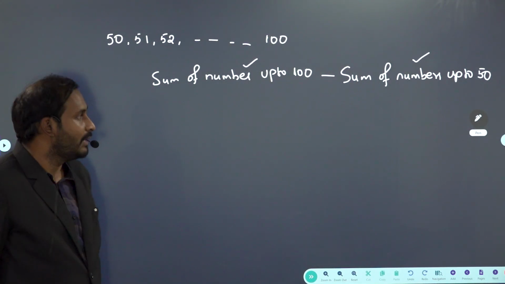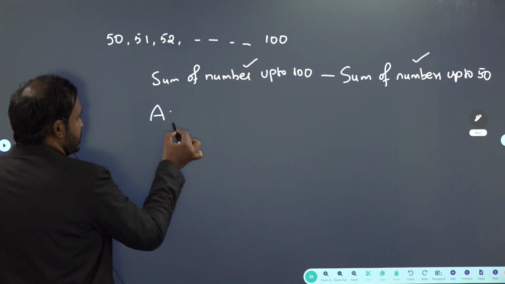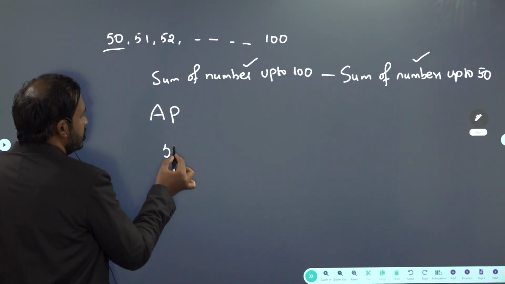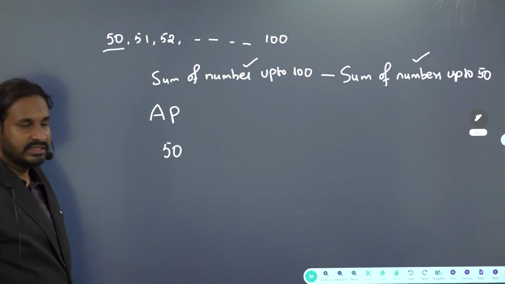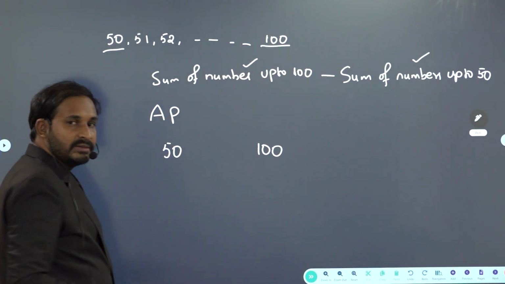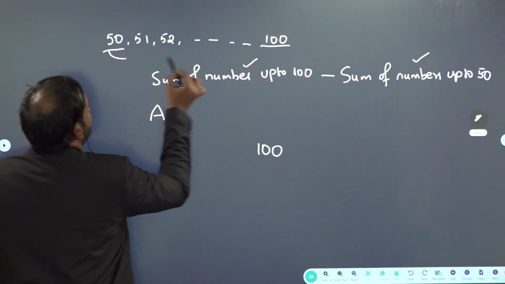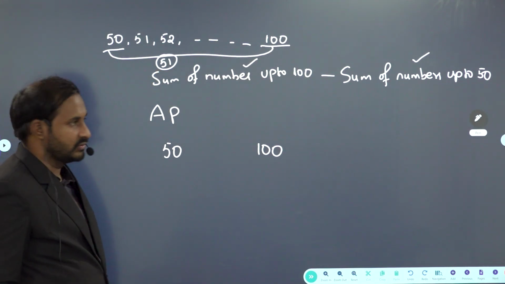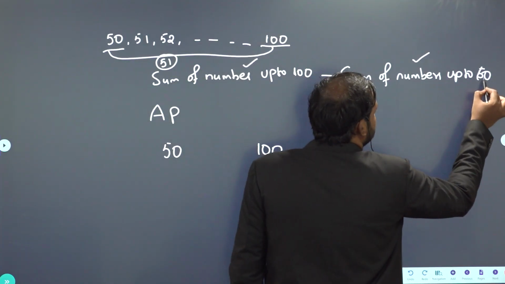But if you know the arithmetic progression concept, what is the first term here? 50. And what is the last term? 100. And from 50 to 100, what is the total number of terms? 51. Why? Because I am including 50 also. Sorry students, here it is up to 49.